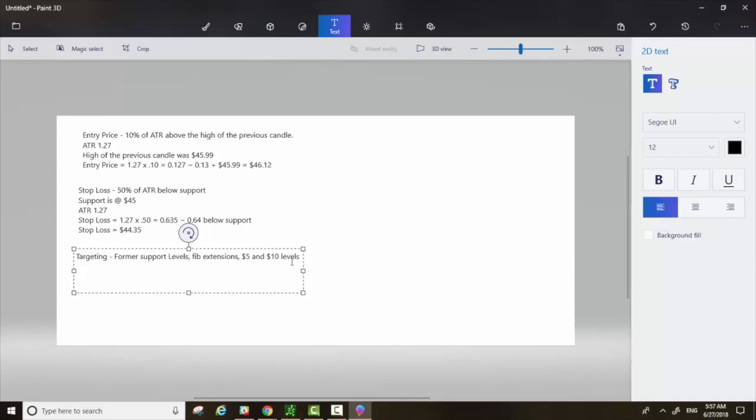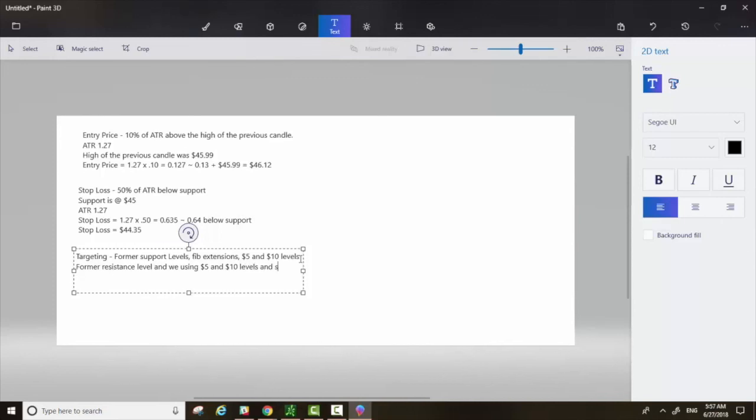So in this particular case, we're using two different ways. We're using the former resistance level, and we're using the $5 and $10 levels.